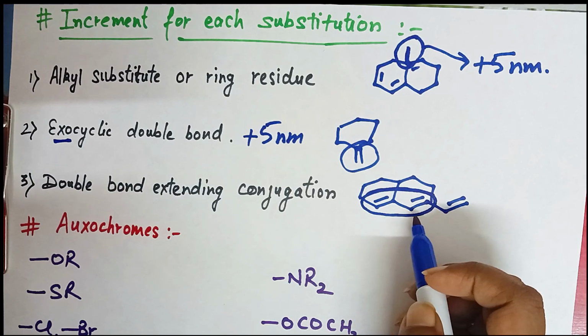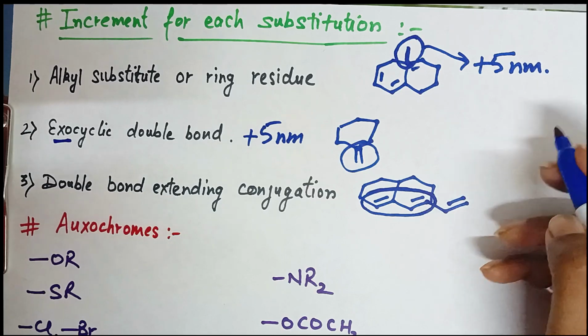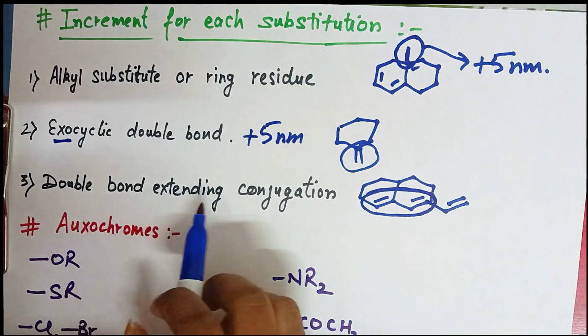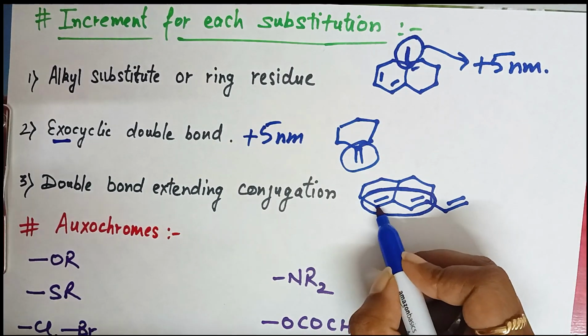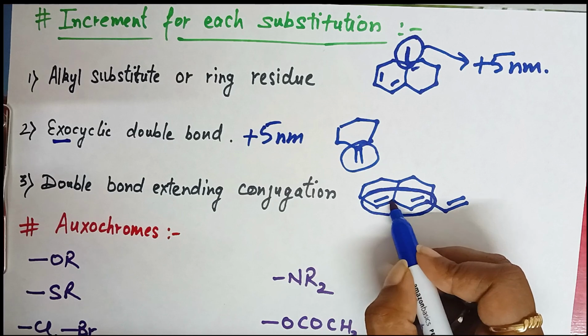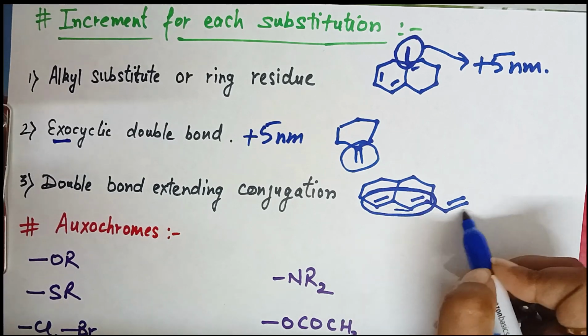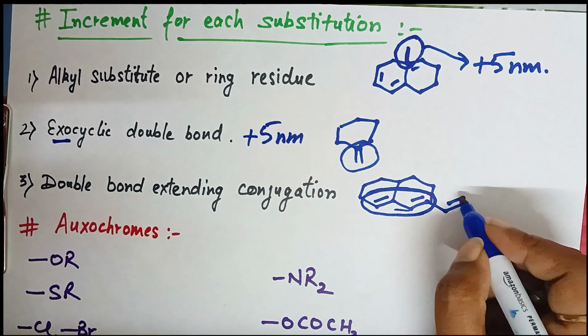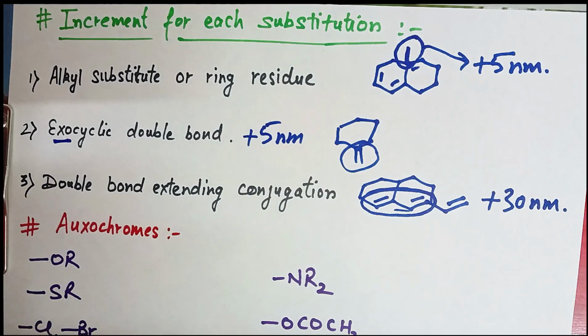This is a heteroannular type of system, so for that we will take the base value of 215 nanometers. Now looking for the double bond extending conjugation: this double bond over here is extending this conjugation, double bond, single bond, double bond, single bond, double bond. Now for each double bond extending conjugation we will add 30 nanometers, right? This is the third rule for the substituents present in any given molecule.